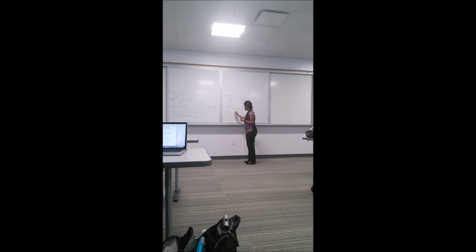And if I want to find x of n, it is 1 over 2 pi times the integral from minus pi to pi of X of e power j omega times e power j omega n.